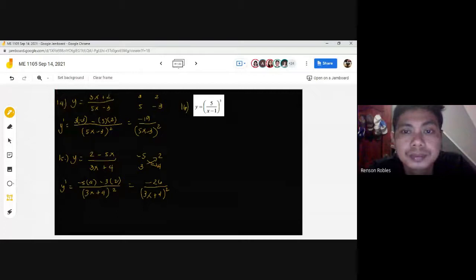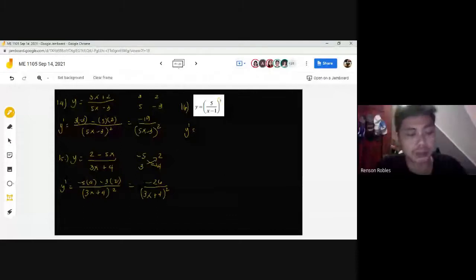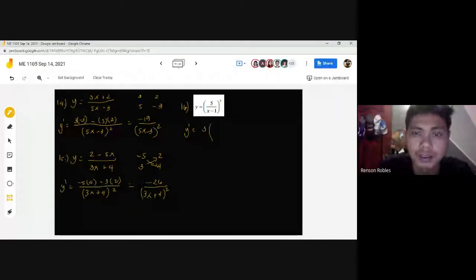You have y prime equals, baba muna to, power, chain rule, 3, 5 over x minus 1, then square, then ito na, pwede nyo nang i-apply yung technique natin.